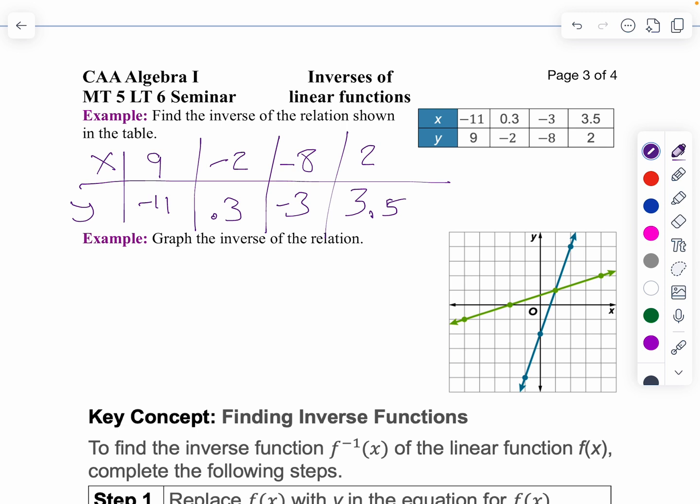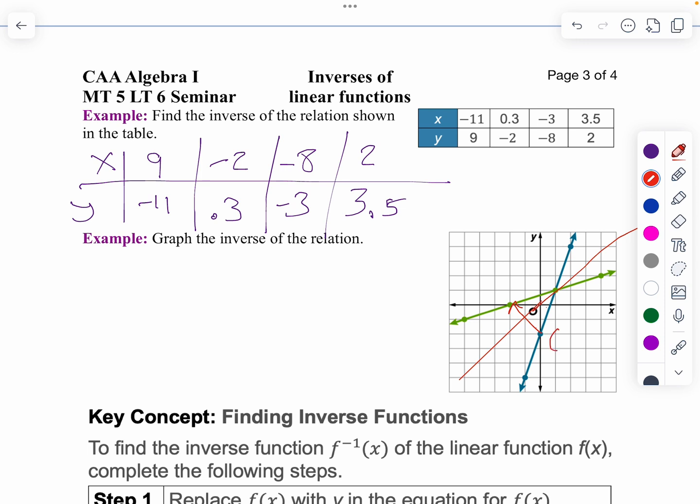Now, to graph the inverse, which I've already done on this one, you're going to take your point and reflect it across the line y equals x. If I can get those to match up there. So what happens when I reflect it across the line y equals x, you flip the y and x around.